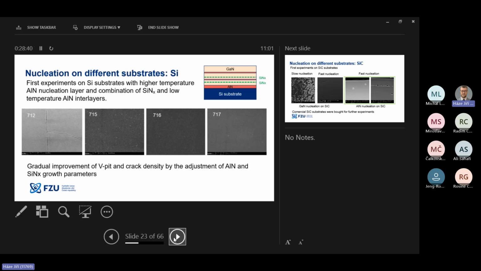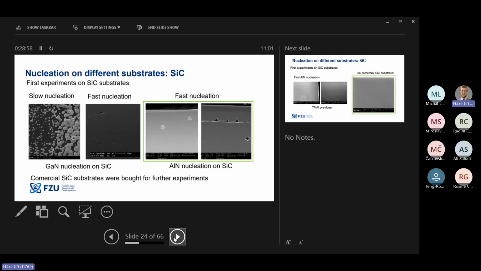Again, silicon nitride to suppress the dislocation density even more, and again aluminum nitride, gallium nitride, and then we got quite a nice surface. So this is now our preferred technology to grow gallium nitride on silicon.